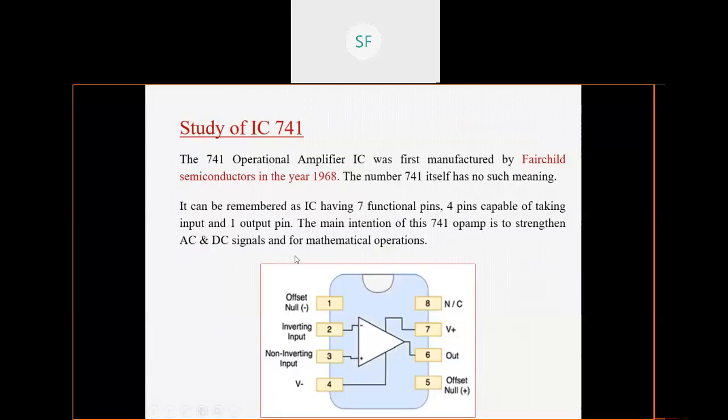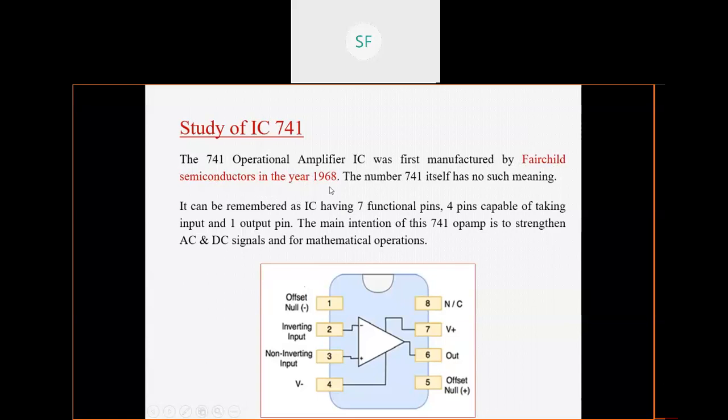And this is the structure of IC741. Actually, it is not included in your syllabus, but you should be aware of it. Generally we do practicals on this particular IC only. The IC741 operational amplifier IC was first manufactured by Fairchild Semiconductors in the year 1968.